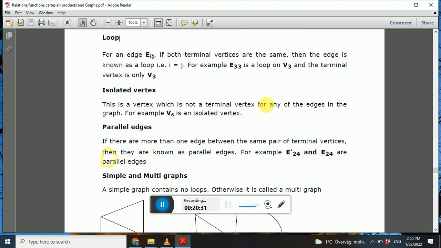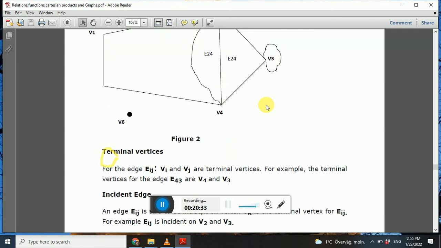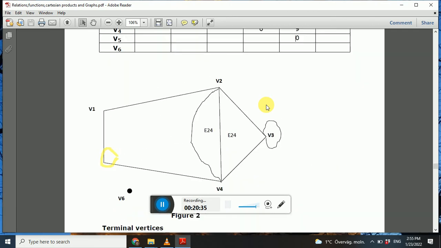Let's see from this graph. Okay, so this straight one is the E24, and this other one is the E prime 24. So let's look at E24. E24 connects vertex 2 and vertex 4.